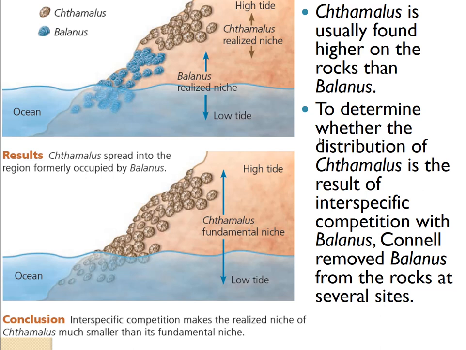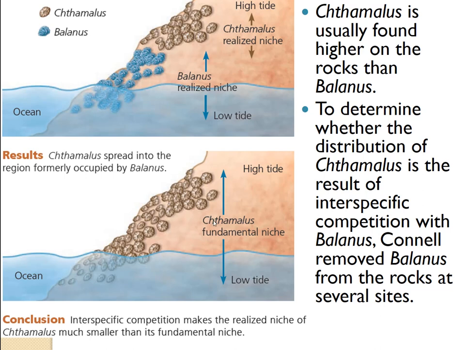So to determine whether the distribution of Tamalus results from interspecific competition, whether this distribution is caused by competition between two different species, these scientists removed Balanus from the rocks on several sites. You can see that these scientists remove this Balanus, and they found that Tamalus now spreads to the area that was formerly occupied by Balanus.